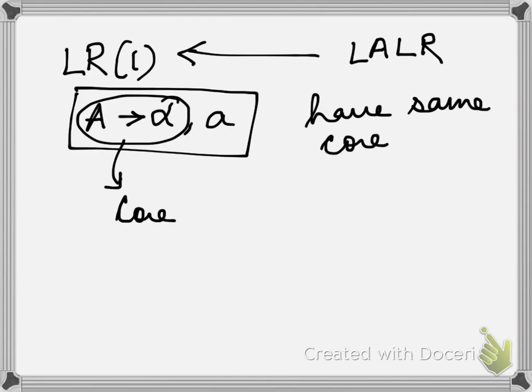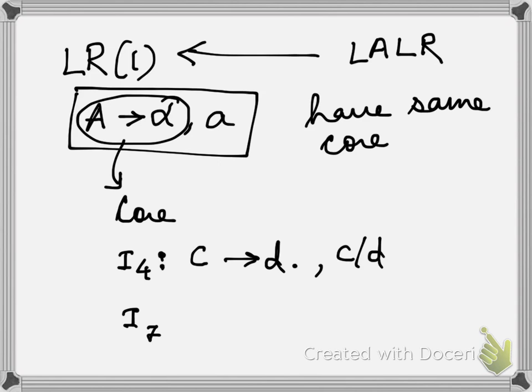So if I have an LR1 set like this, C derives D dot, and my lookahead is c or d. So this is one item. Another set, say, is C derives D dot, but the lookahead is dollar.